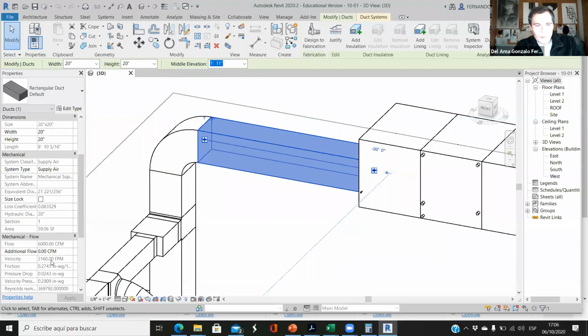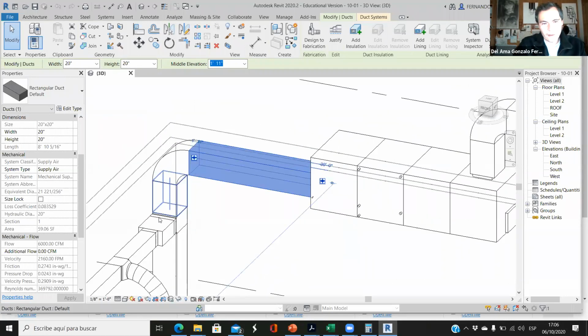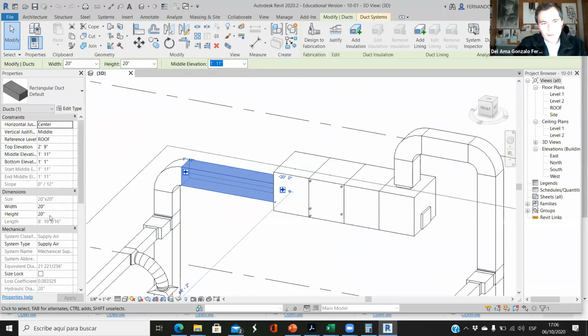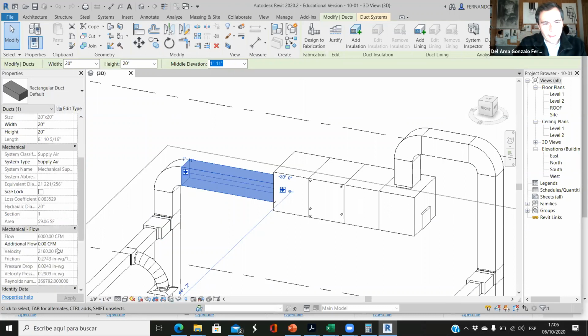So it's not acceptable. Well, we might say that it's outside the building, it doesn't matter. But if we want to do this right, we should change this. If the air velocity here is 2100, it's double the recommended velocity.